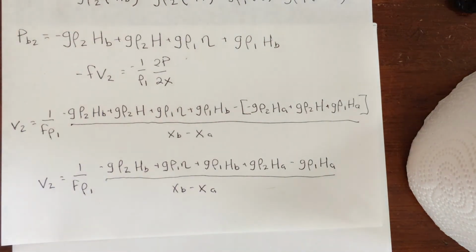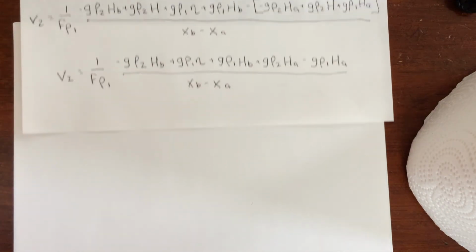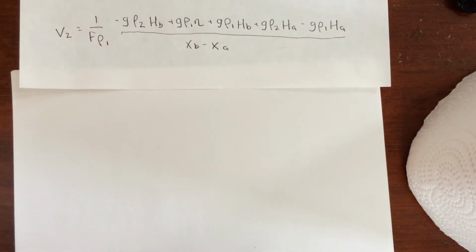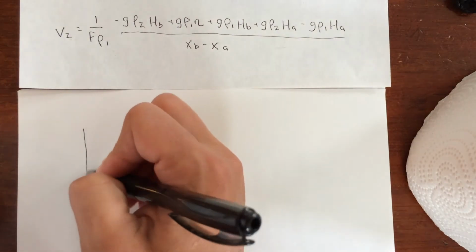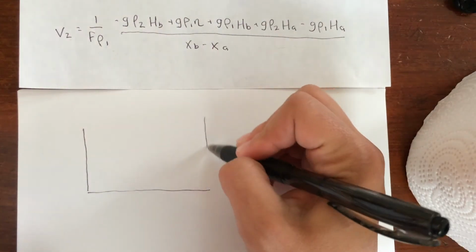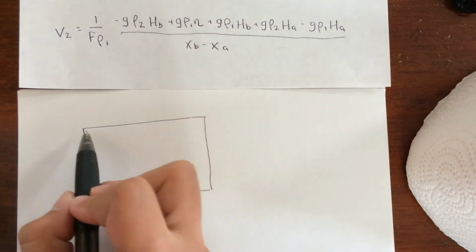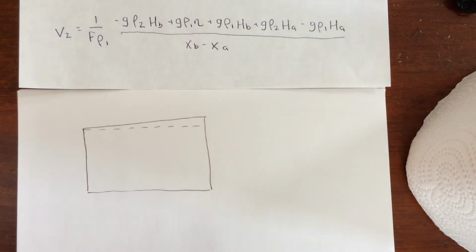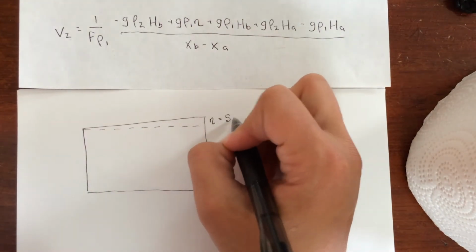We are left with our equation for the velocity in the bottom layer. Again, we'll substitute in values to solve for velocity in the bottom layer.